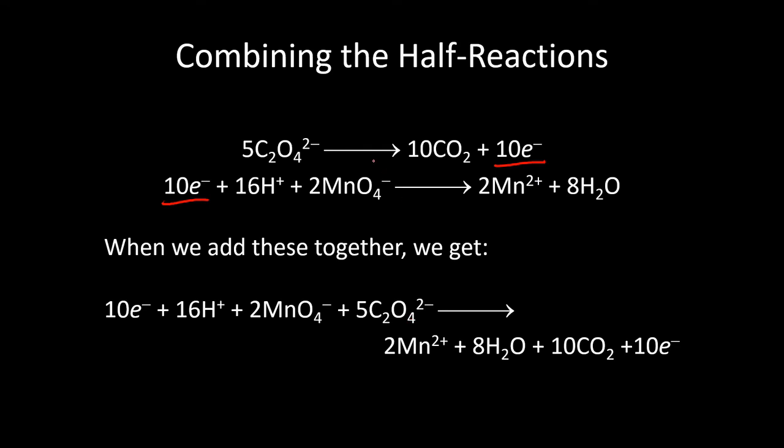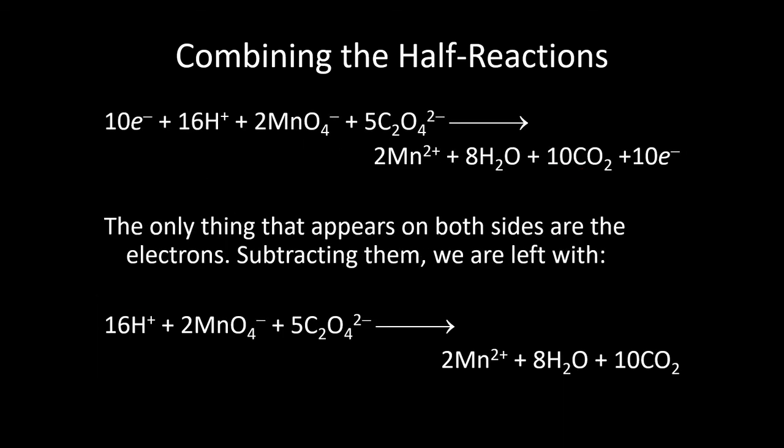And when we add these 2 together, which is the next step, we get this big old mess here. And we can simplify it a little bit by canceling out those electrons, because we have 10 electrons on both sides of the equation. If we have the same thing on both sides of the equation, those cancel out, which then leaves us with this.